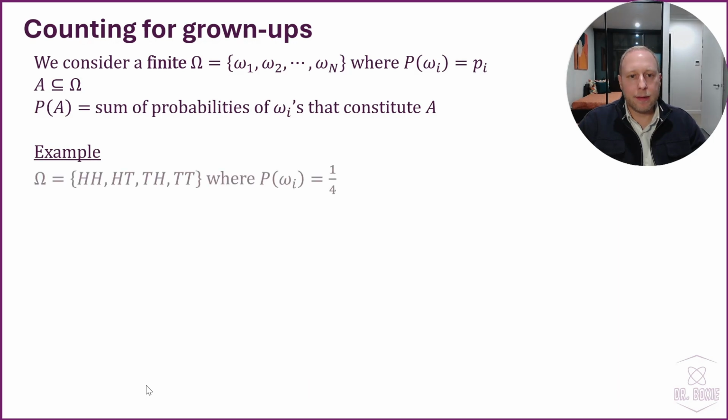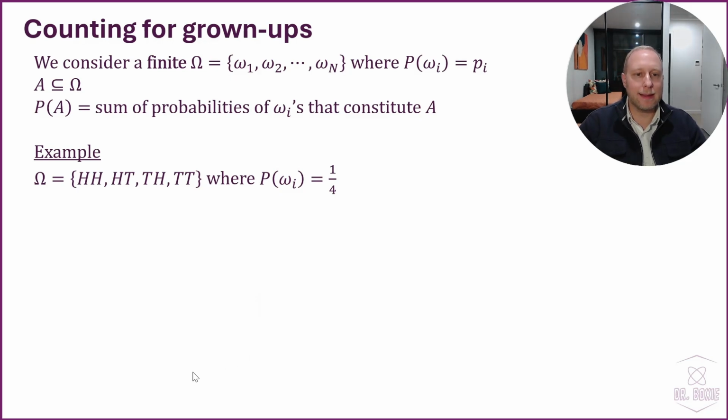How can we use this fact? Well, if we think of the situation in which we throw a coin twice and we keep track of whether we got heads or tails, we have a finite sample space. There are only 4 possible outcomes, and each of them has a probability of 1/4.